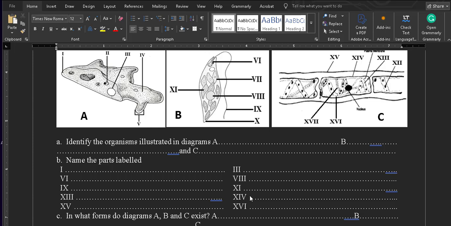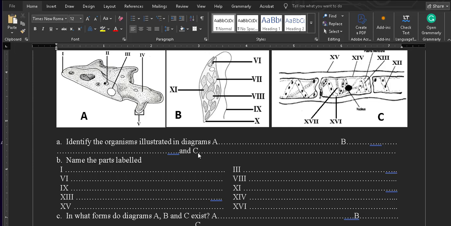Then we go to XIV. Where do you have XIV? Again with C. So what is it pointing at? It's pointing at the cell wall of C. Right. Then what do we have?